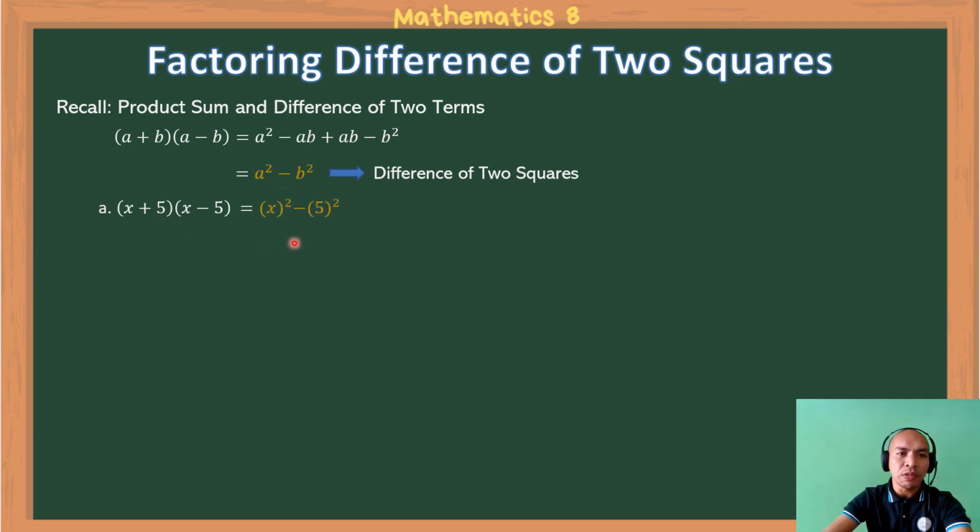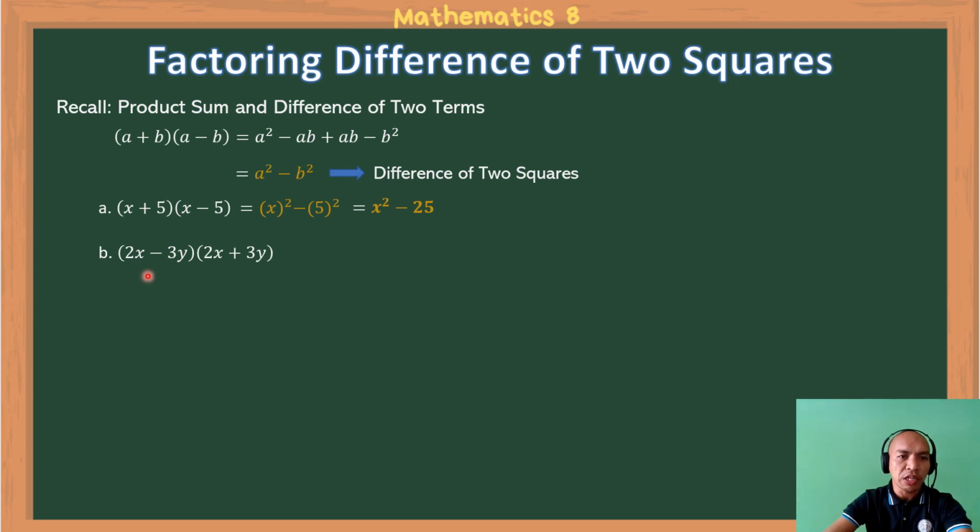So we just square x, then always minus. Our b is 5, so we square 5. So x times x is x squared. Then 5 times 5 is 25. That is why the answer is x squared minus 25.